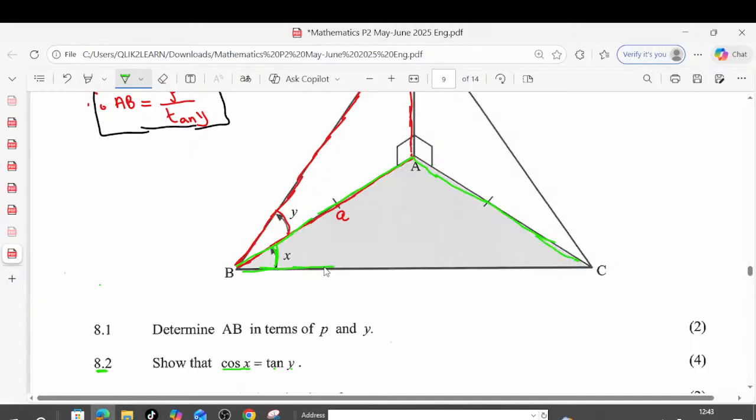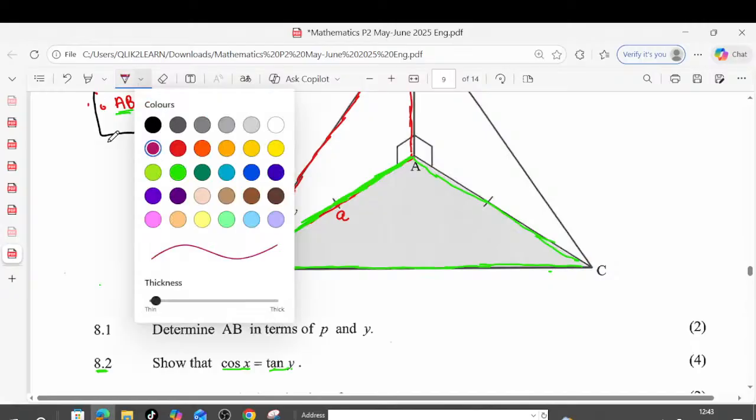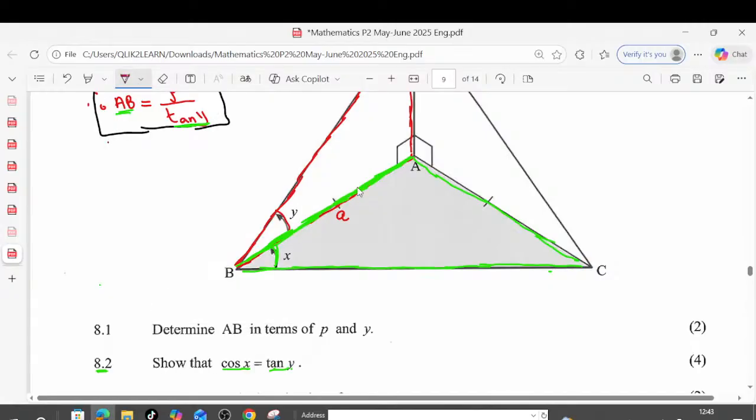So what more do we need? We need the tan y. I'm not going to stress about that because I have my tan y here, which is also part of AB. So whatever I do, I need to bring the AB to the party, because the AB is the one that will bring me that tan y. I think it's easy if you analyze it like that.